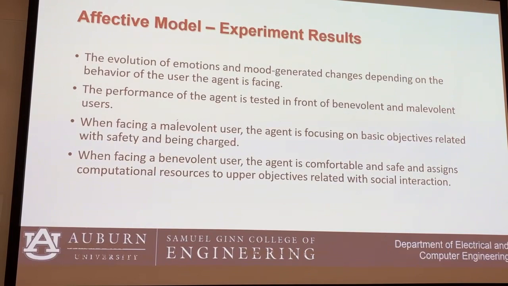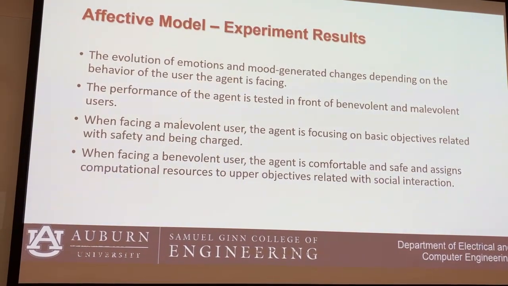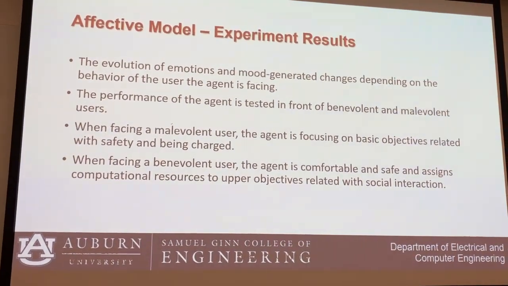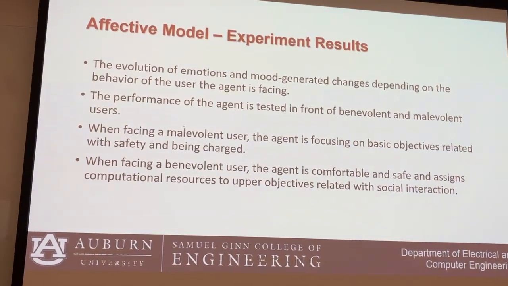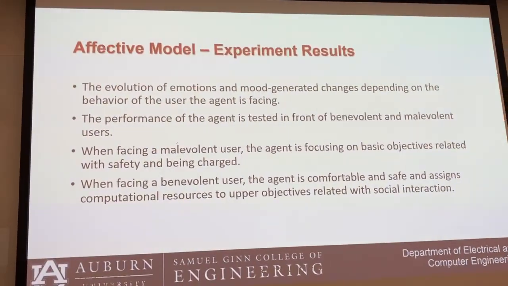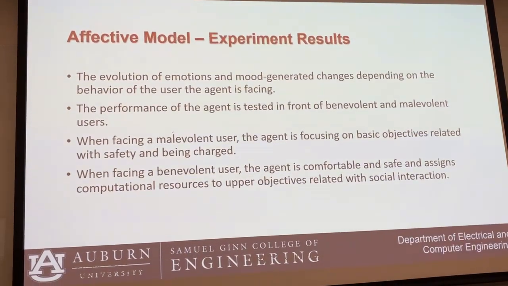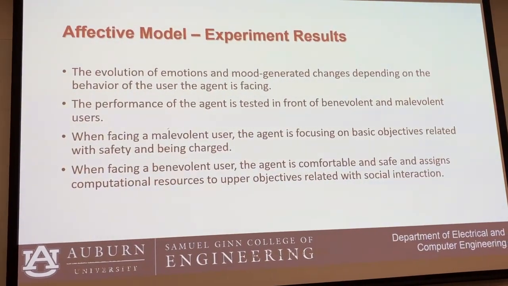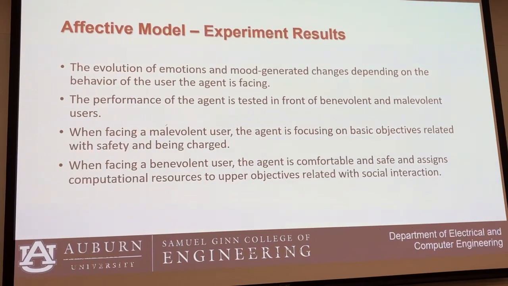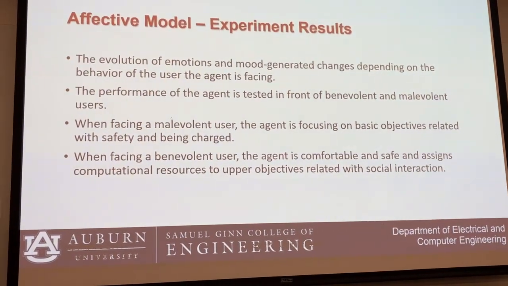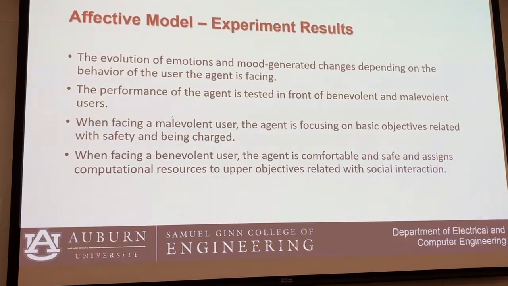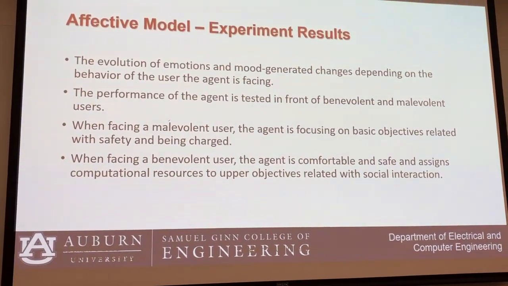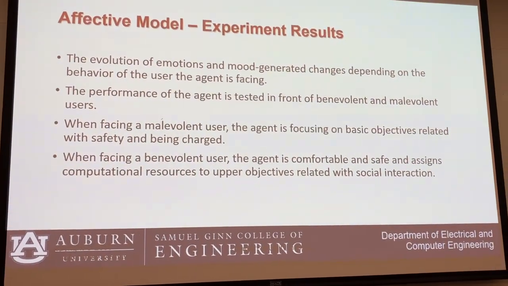So how was that decided? For the benevolent user, the chosen actions will be like flatter, speak, and play, but for the malevolent user, they will move, attack, something, or ignore the agent.